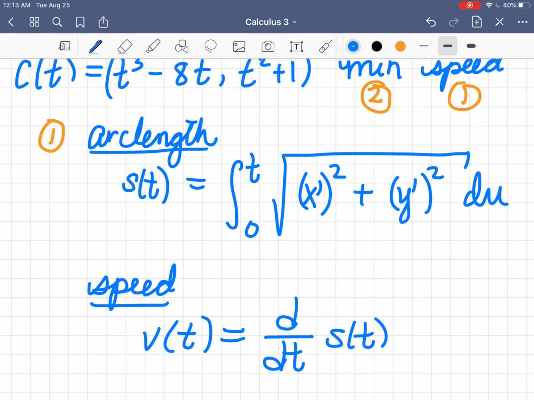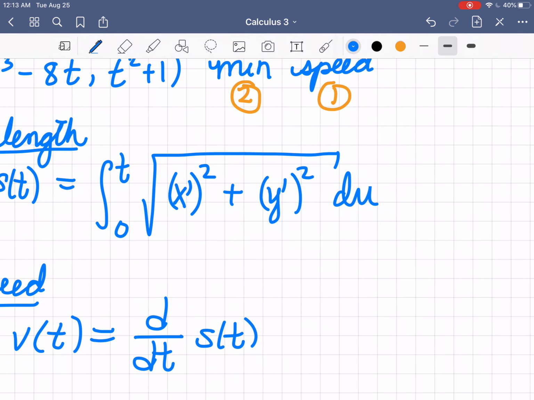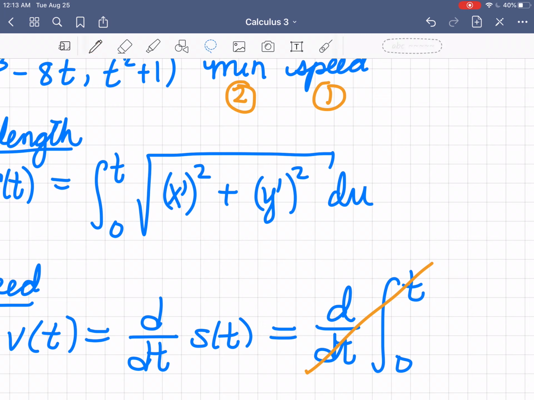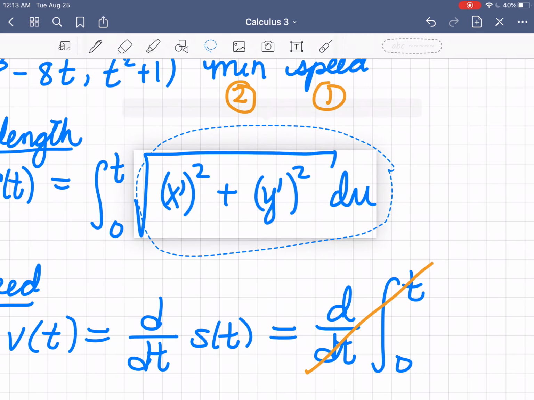Okay, so what we're doing ultimately is taking the derivative of this integral, and the fundamental theorem of calculus says they undo each other. So these two things basically undo each other. Let me go ahead and copy all this here.